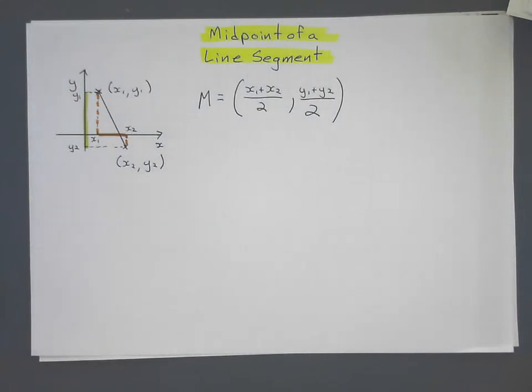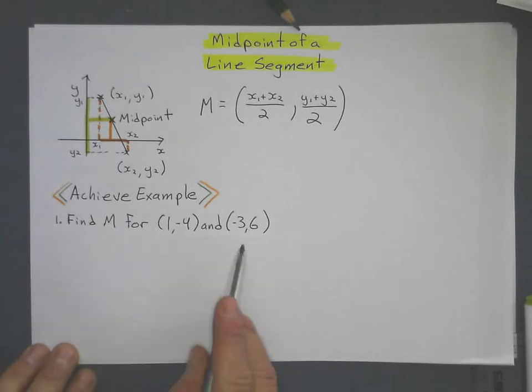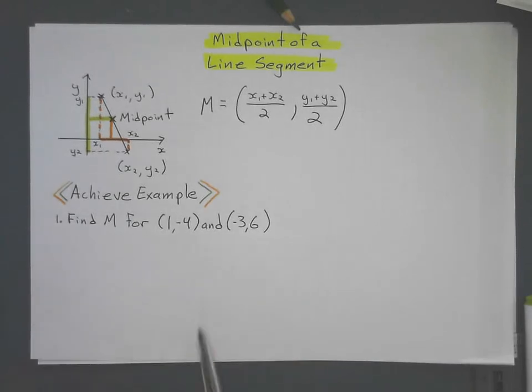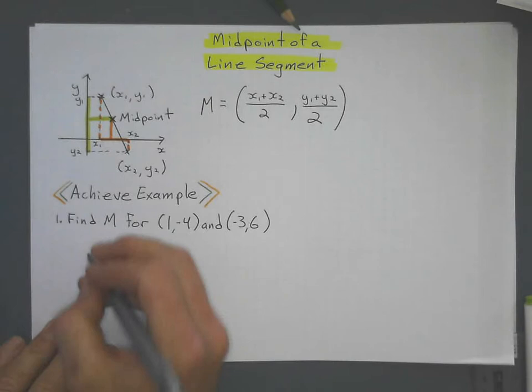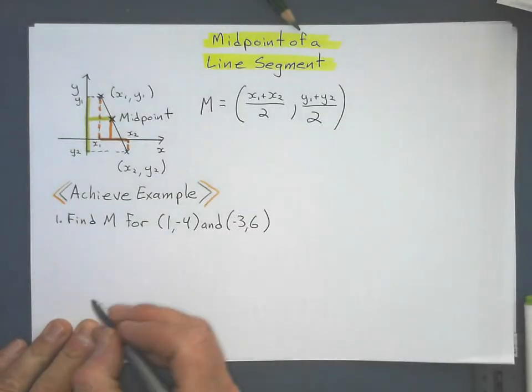So let's do an achieve example to find the midpoint of a line segment. Okay, so I've got my 2 points which say these would be the endpoints of a line segment, and this is strictly just plug and chug into my midpoint formula.